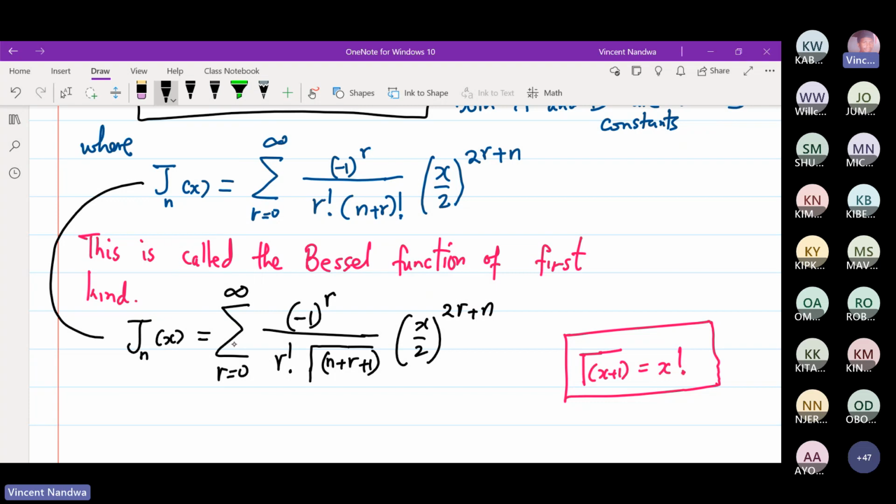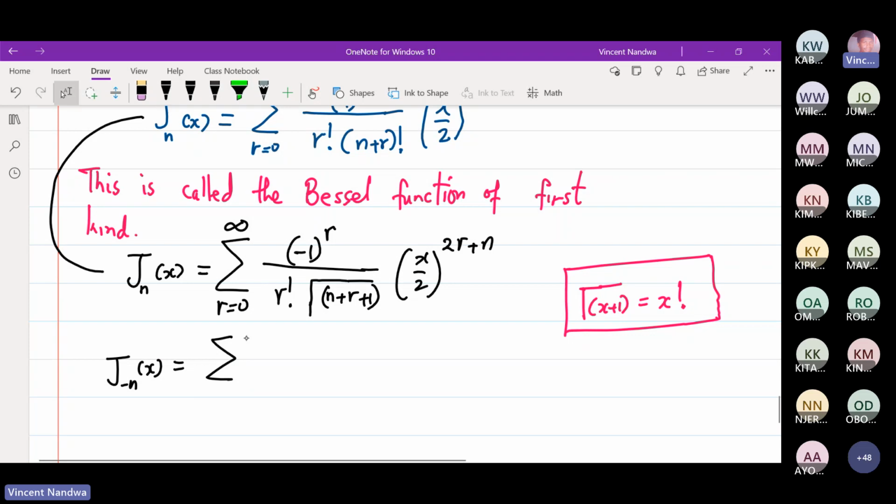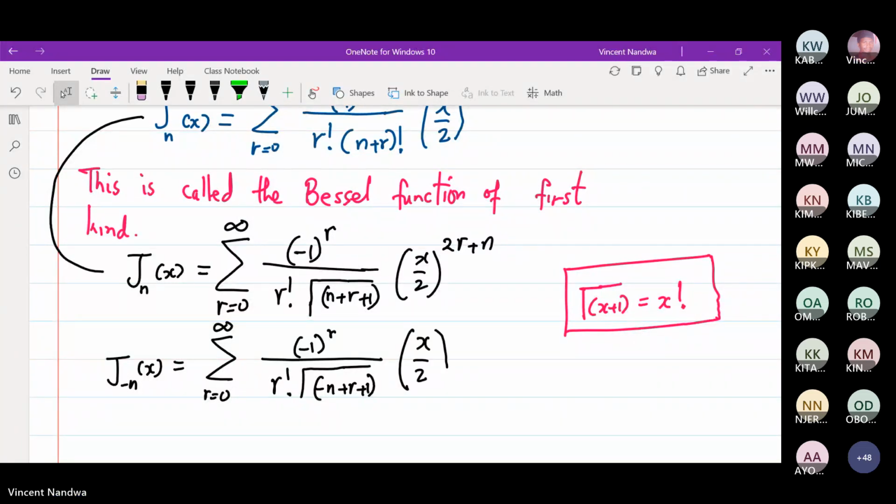And similarly, if you change the subscript to be -n, you are going to get the same formula, only that the role of n is taken by -n. So I have (-1)^r over r factorial, gamma of -n plus r plus 1, and then (x over 2) to the power 2r minus n. So that's how we define J minus n.